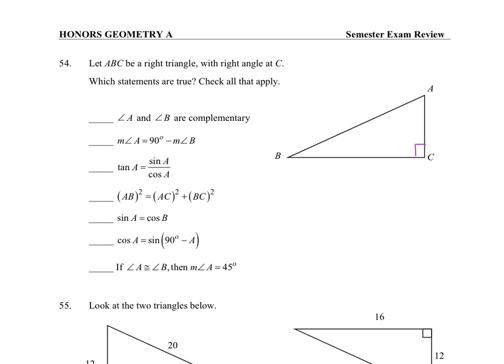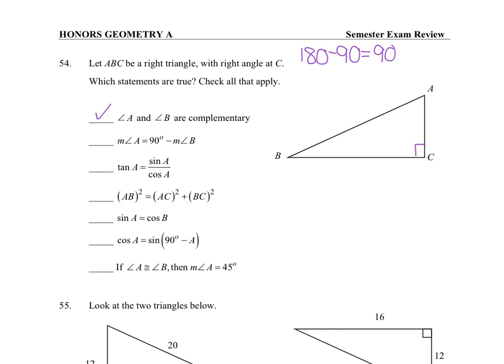So complementary means angles add up to 90 degrees. Well, if this angle is 90 degrees and 180 degrees are in a triangle, 180 minus 90 is 90. So the sum of A and B must add up to 90 degrees. Therefore, this is true.